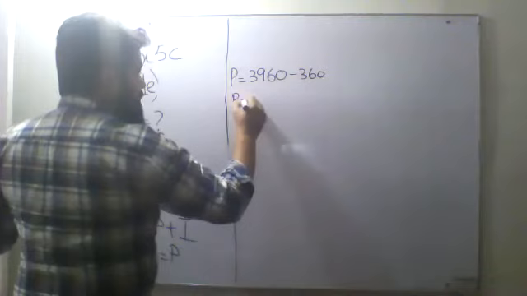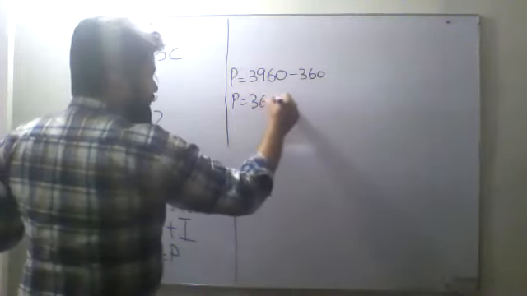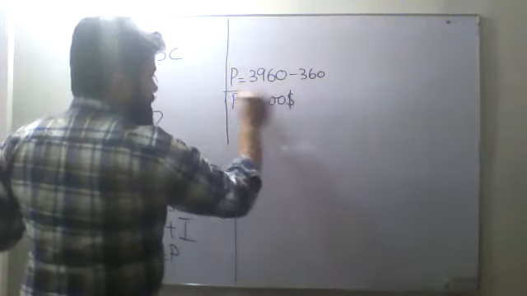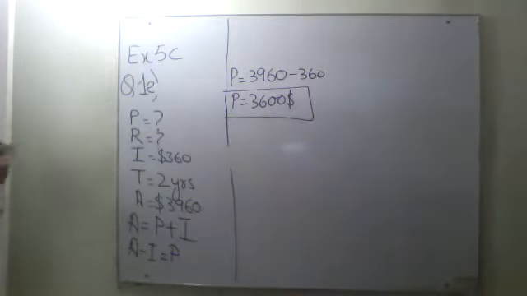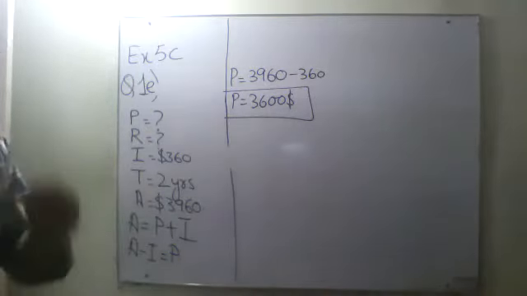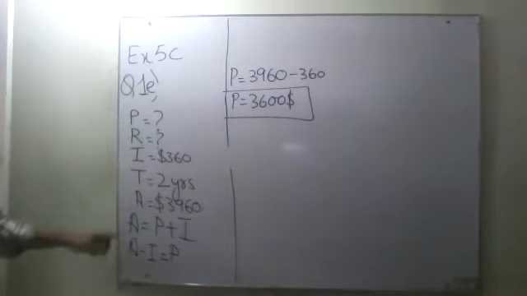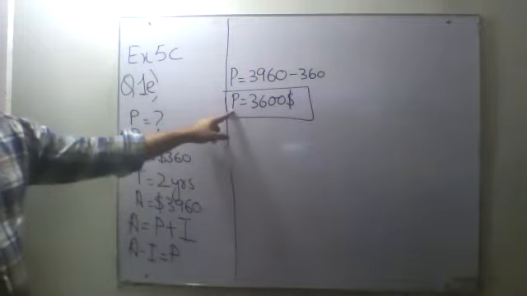So P equals $3,600. That's the principal amount I am getting. How have I got it? I have solved these two by using this formula.